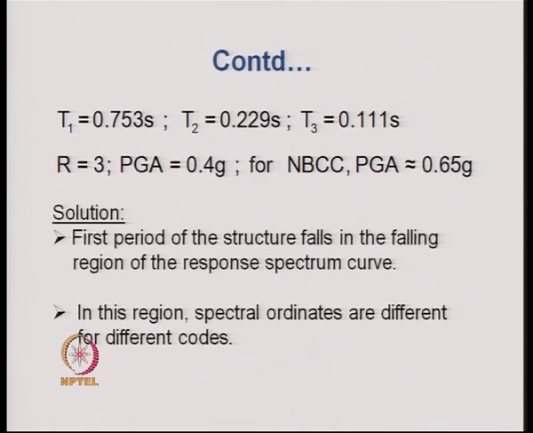The reduction factor that we have considered uniformly for all the codes is 3. Peak ground acceleration is taken as 0.4 g. For that purpose, we have normalized all the CH versus T or SA by G versus T values first, and then multiplied those normalized curves with 0.4 g.